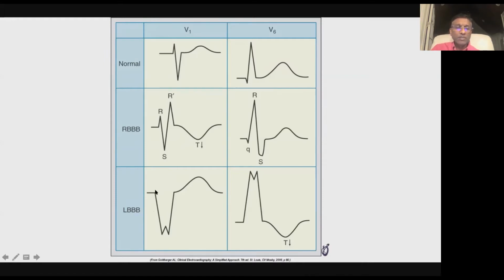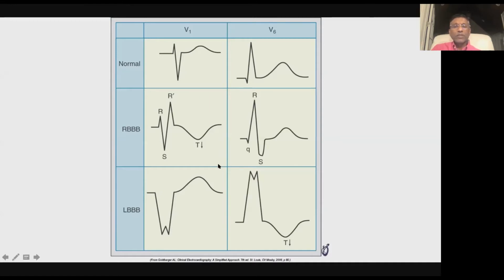Also imprint in your mind that there's a very sharp downstroke, and try to picture this as exaggerated, almost going straight downwards in lead V1 for a left bundle. And that this initial R wave, there's nothing here. You see that? It just comes straight down. So any initial positive should be less than 40 milliseconds.